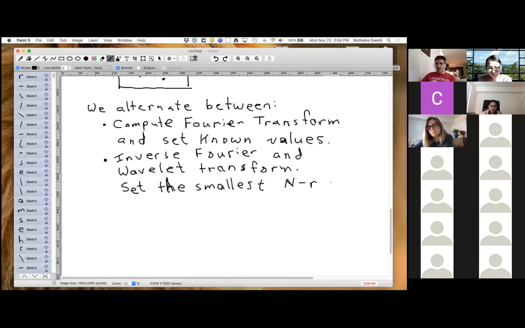So we're going to set all the rest of the values to 0. Then inverse wavelet transform.